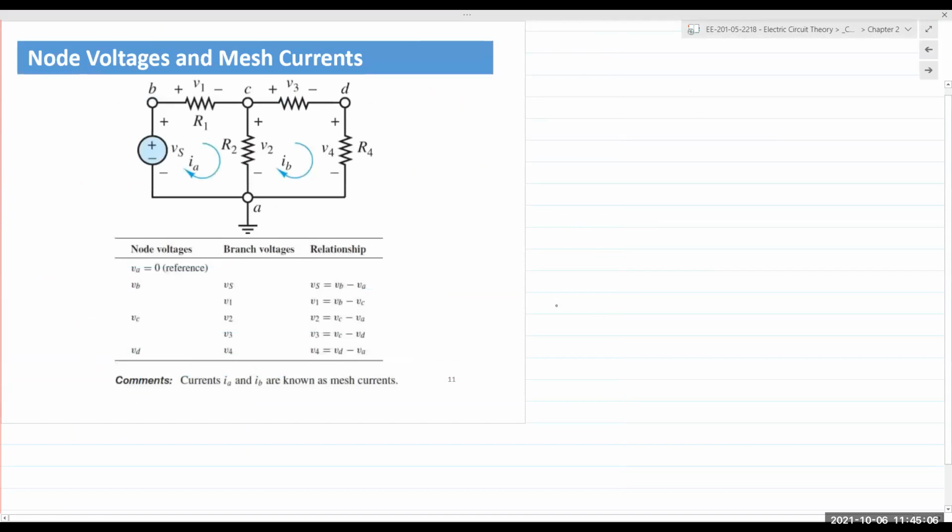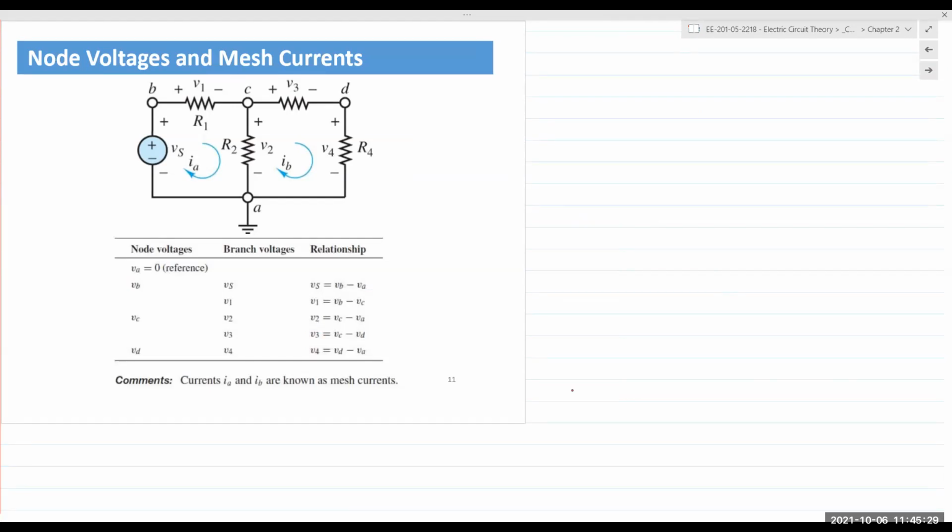Node voltages and mesh currents. Most of this we have already discussed in the past, right? Node voltages and resistor voltages. But specifically, what we'll look at today is the relationship between resistor voltage in terms of the node voltages.